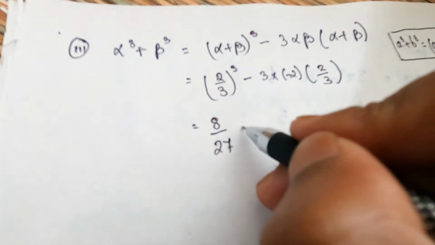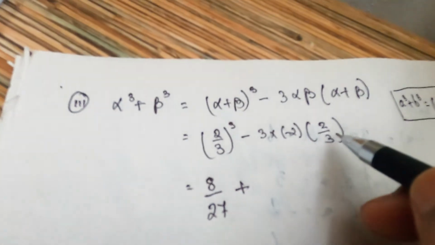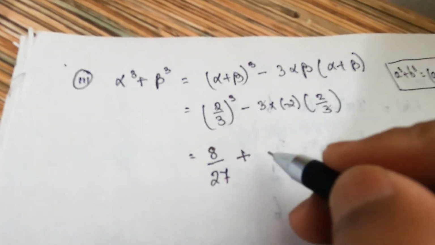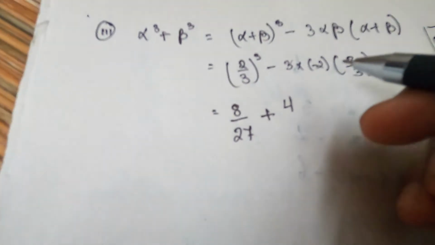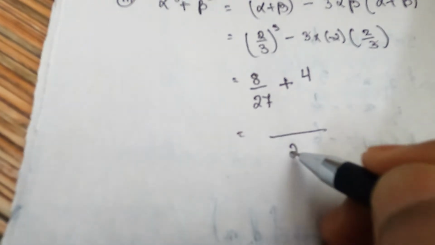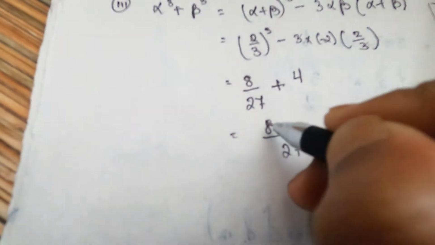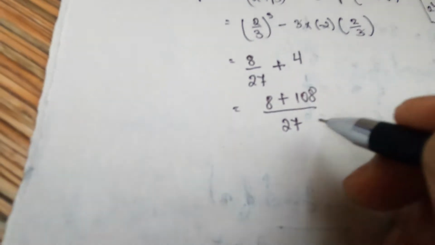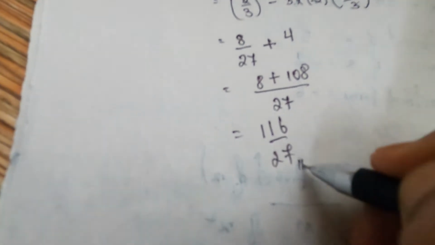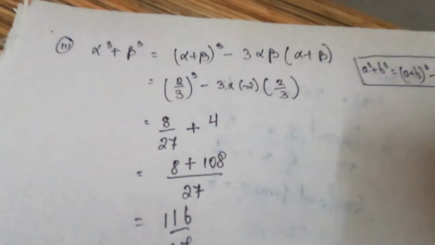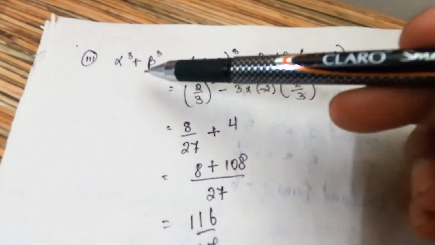Minus into minus will be plus. Here 3 will get cancelled, so what's left is 4. The LCM will be 27, so 8 plus 108 gives 116 by 27. This will be the value of alpha cube plus beta cube.